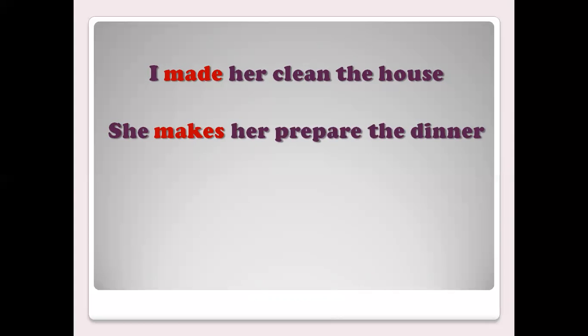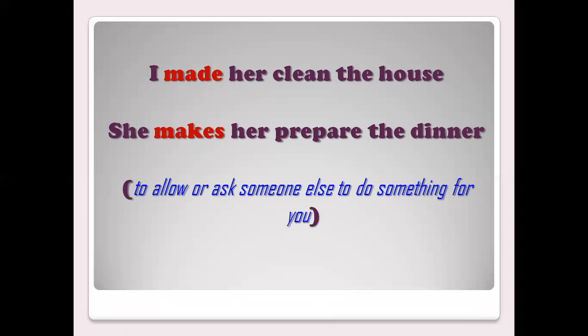Who cleaned the house, and who prepared the dinner? In the first example, who did clean the house? Was it myself? No, I actually asked someone to do that, which is her. In the second, who makes the dinner? It's her.